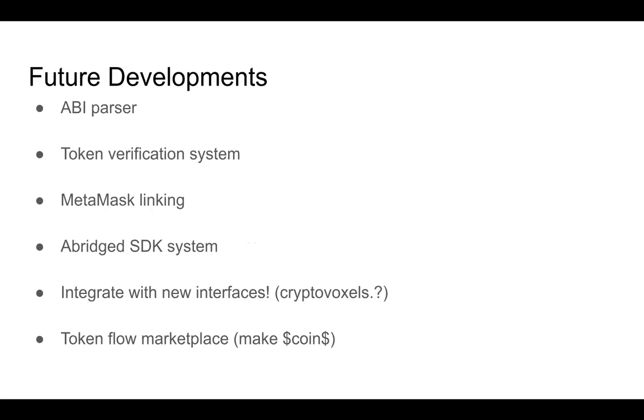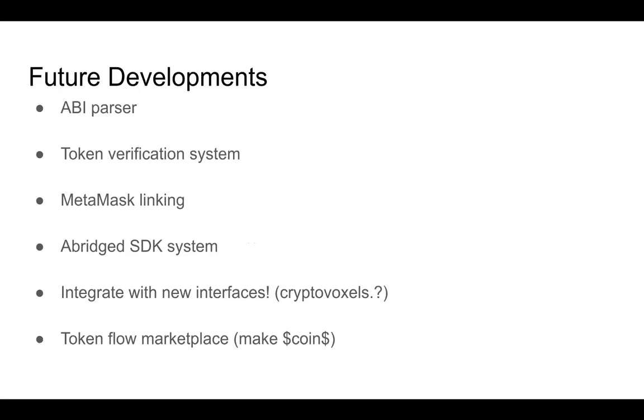Again, a few future developments. The next lesson that we could go through would be an ABI parser, which is a tool that simplifies the process of finding contract code and listening to events and method calls. We can also talk about the token verification system that we've set up, and how we can link MetaMask and Abridged SDK.